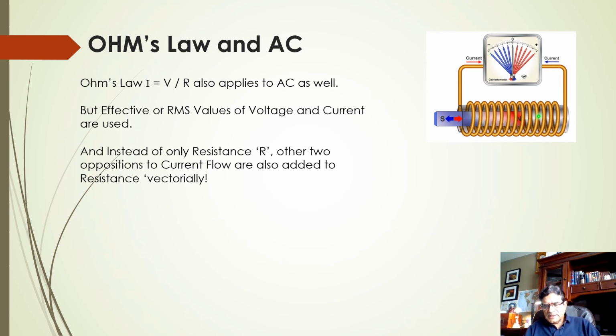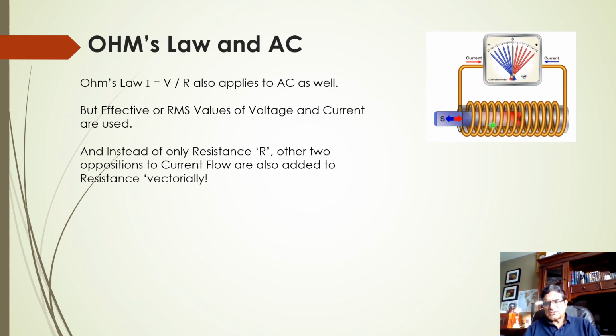This inductance, the magnetic force created when you move the magnet, produces current, but at the same time it creates an opposition to the movement of the magnet. So in a manner it opposes the generation of current within itself.